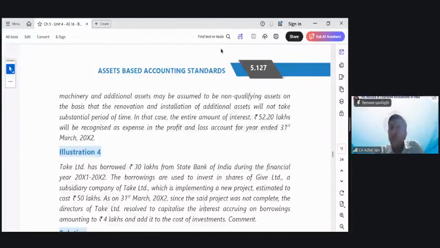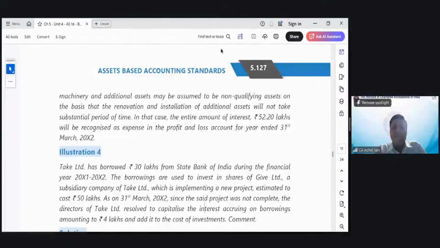As on 31st March X2, since the project was not complete, directors of Take Limited resolved to capitalize the interest accruing on borrowings amounting to 4 lakhs and add it to the cost of investments. Okay, so this is what the directors are trying to do.